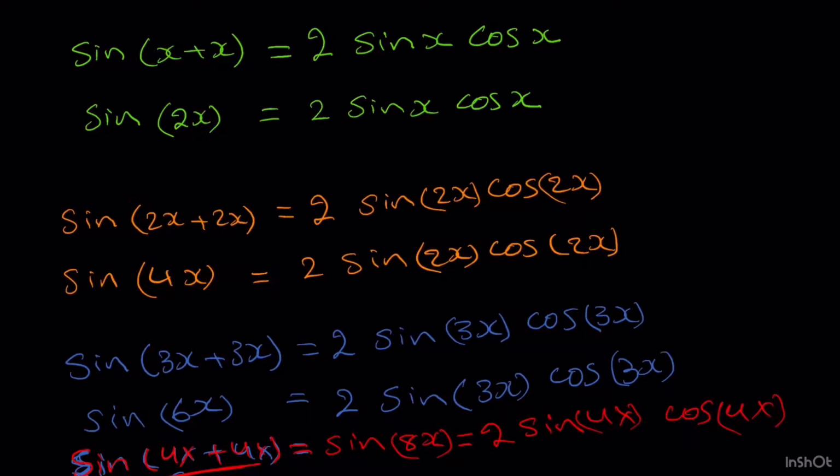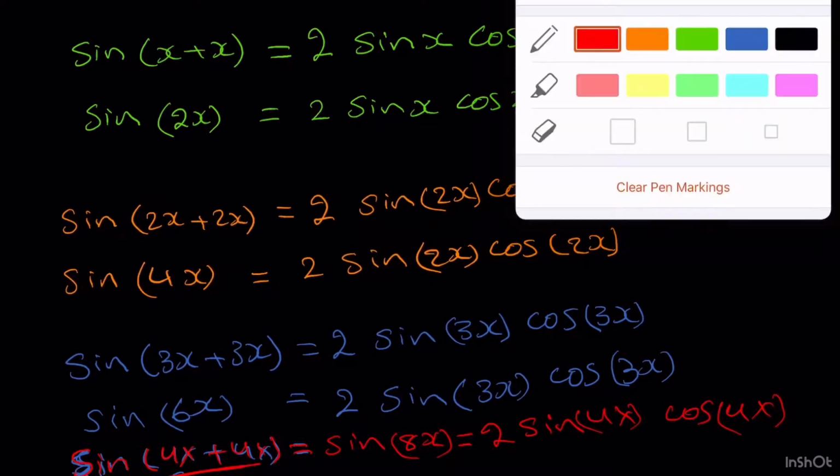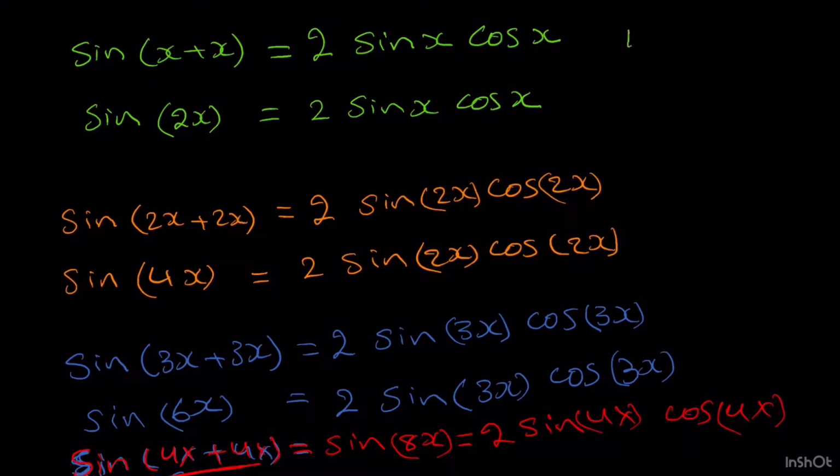What I wanted to show you from all this writing and explaining is that if you have in your question in the integration sine x cosine x, then the rule you're going to use to integrate is going to be 1 over 2 and sine 2x.